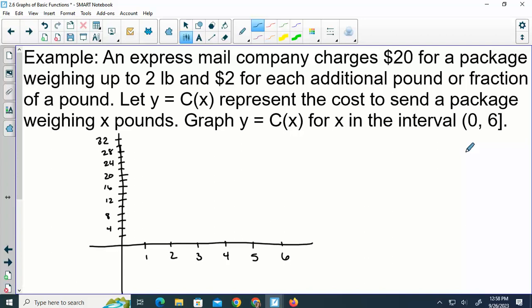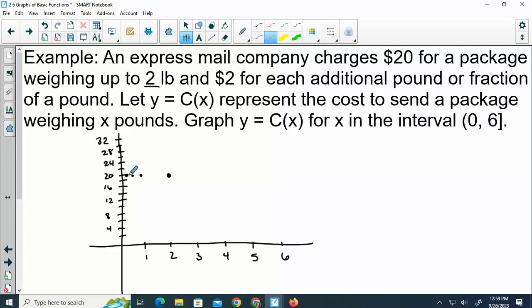So what kind of circle will I start with? An open circle. Okay, and then we know the absolute cheapest would be $20. So if it weighs 1/10 of a pound, how much are we paying? $20. If it weighs half a pound, we're still paying $20. If it weighs 1 pound, $20, and we stay there up to 2 pounds. So if it weighs 2 pounds exactly, you pay $20.